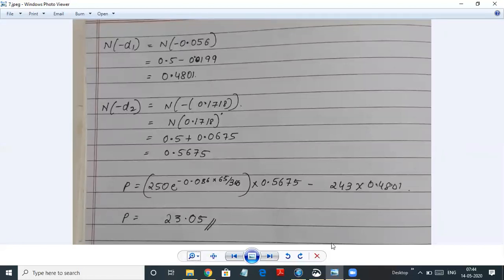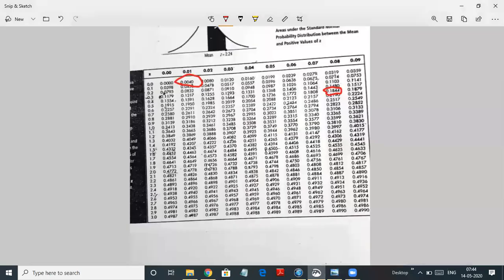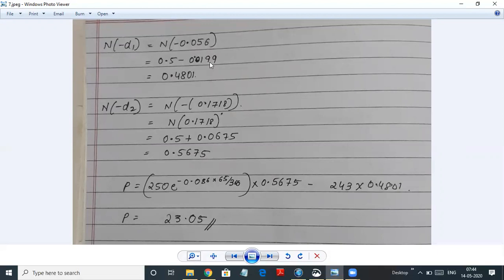The table value will see it is 0.056, so 0.0, and I'll go up to 5, so that comes to 0.0199. So we go here, 0.0199, so 0.5 minus 0.0199, 0.4801. And minus d2, minus into minus, I told you, becomes plus. Here it is a minus sign. So 0.17 we have to see in the table.